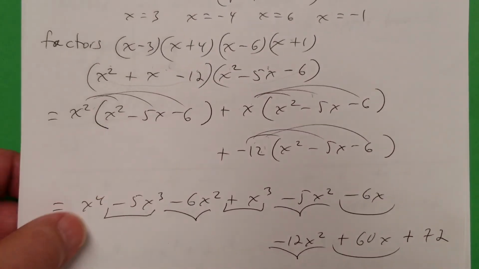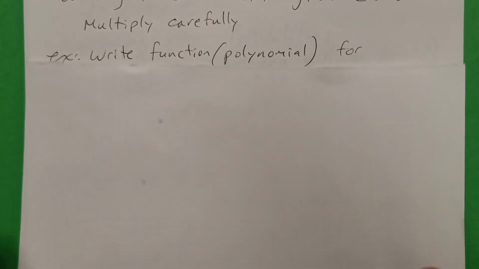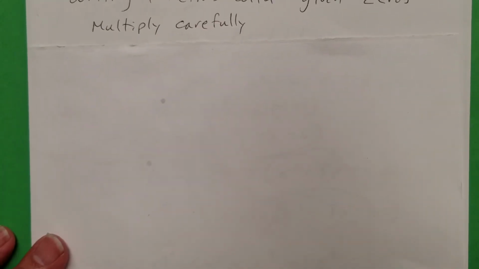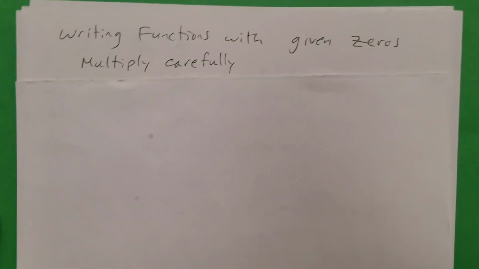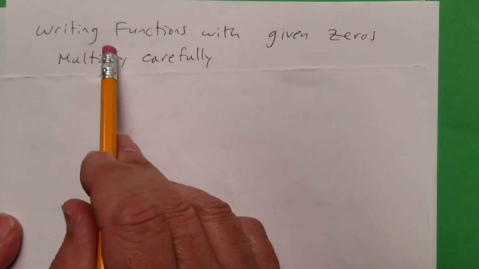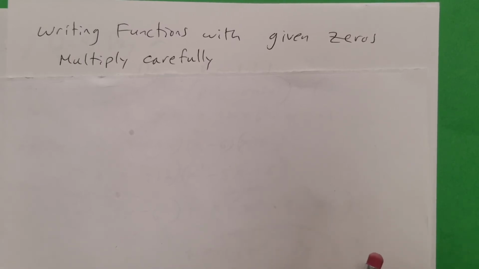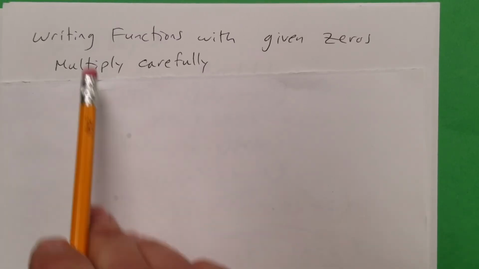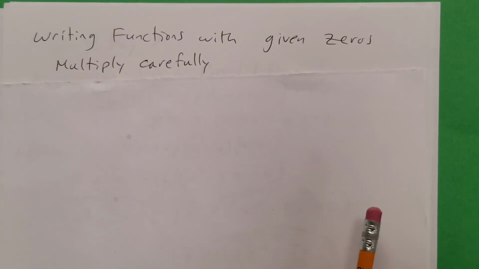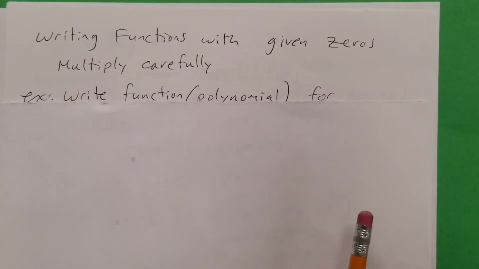Okay. The last thing, what if we give you the zeros? We're not asking about what the zeros are and long division, all that. We give you the zeros. Can you write the function that the zeros work with? This is easy if you know how to multiply in algebra, the FOIL method and all that.